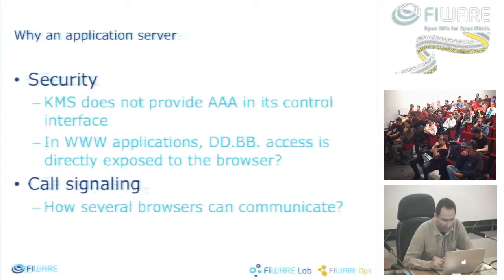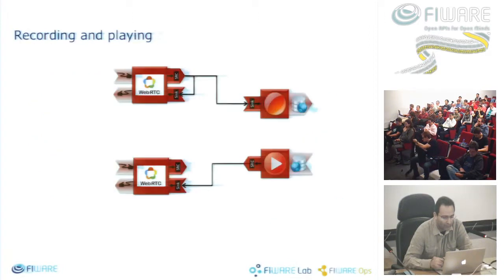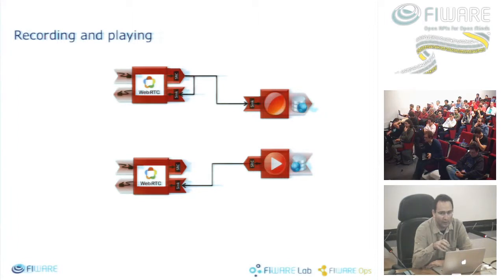Okay, so given that we understand that this is the appropriate architecture for your application, we are going to start creating more interesting applications, making more interesting things. One of the things that a lot of people want to do when working with multimedia is having the capability of recording multimedia, of recording media streams in the file system or in a database, and of recovering those streams for playing them whenever you want.